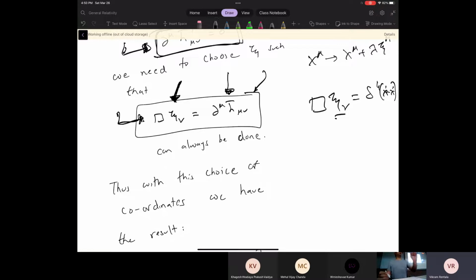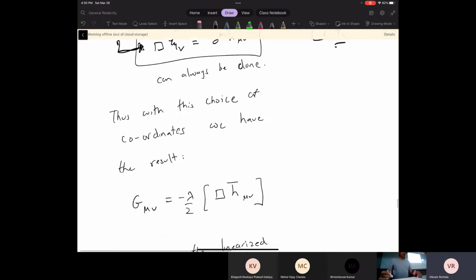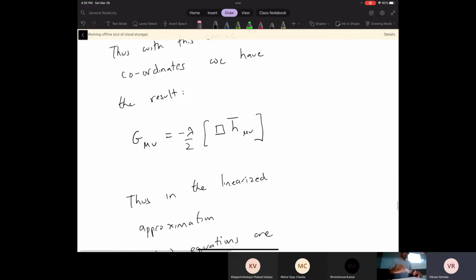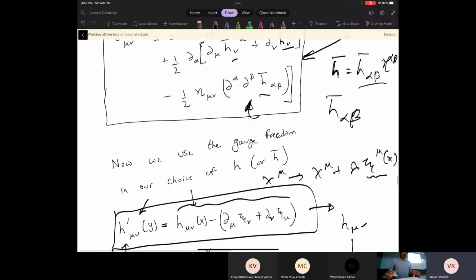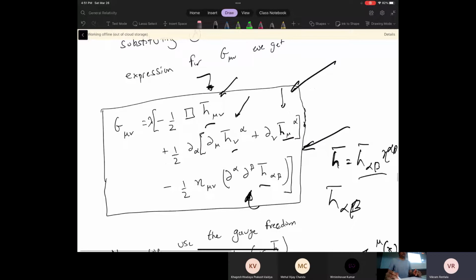Okay, so this is called gauge choice. It's a gauge choice which is restricting your coordinate system. With this gauge choice, you now have a simplification. If you look at this, it was g mu nu. Now what we're saying is any derivative contracted with h mu nu, this kind of derivative, is 0 in the coordinate systems that we're using.